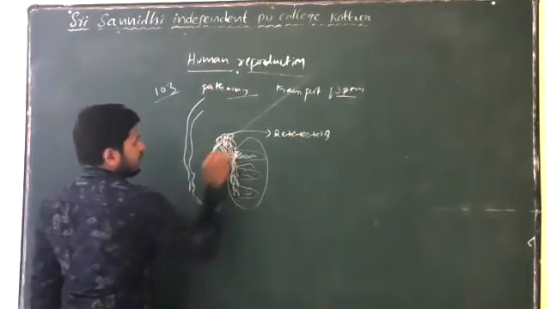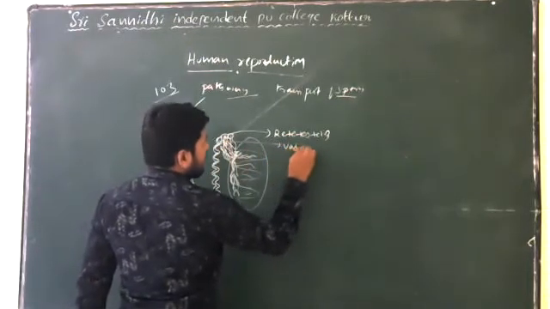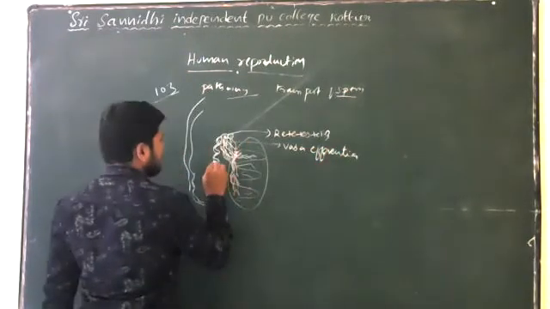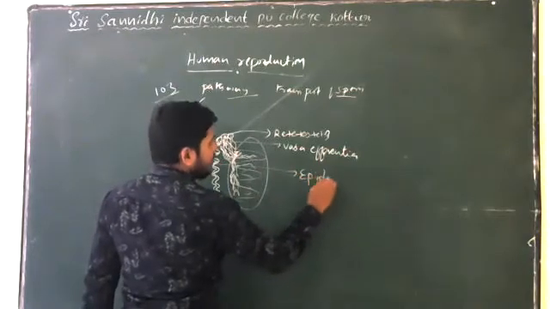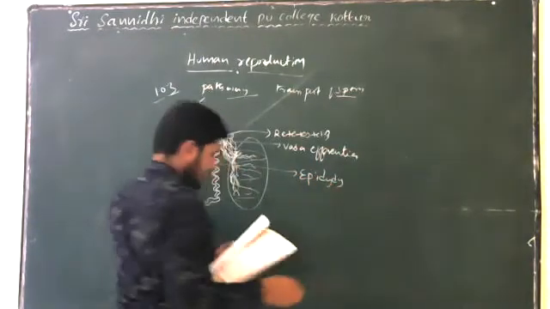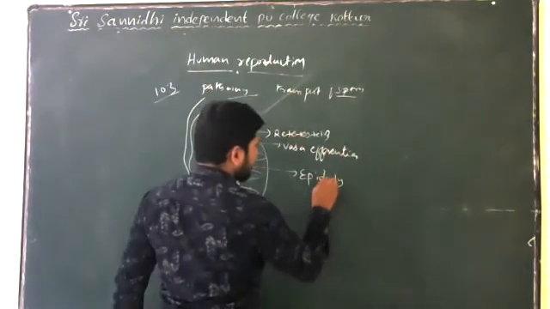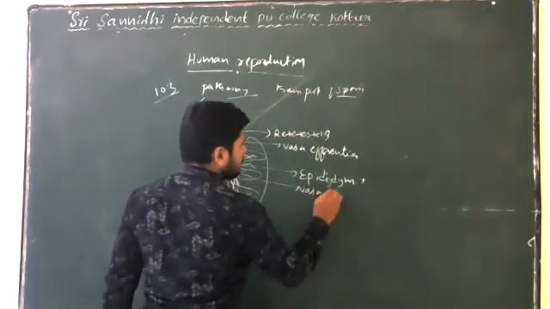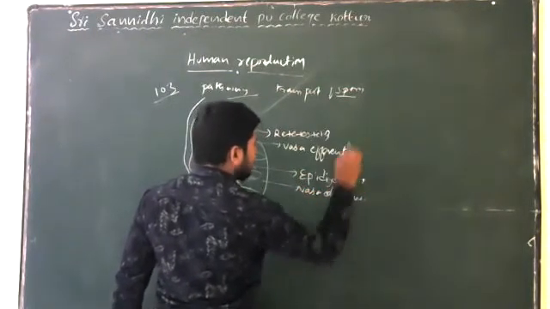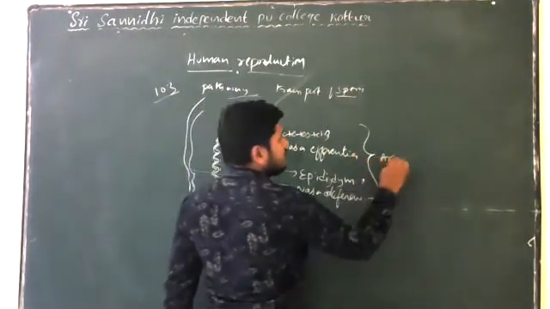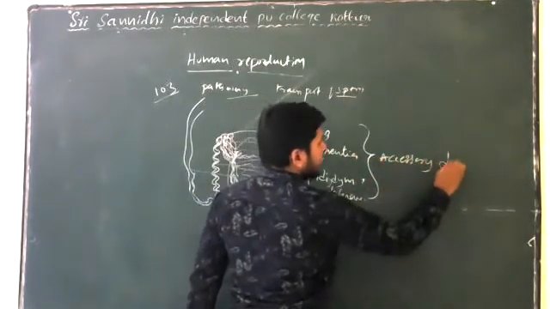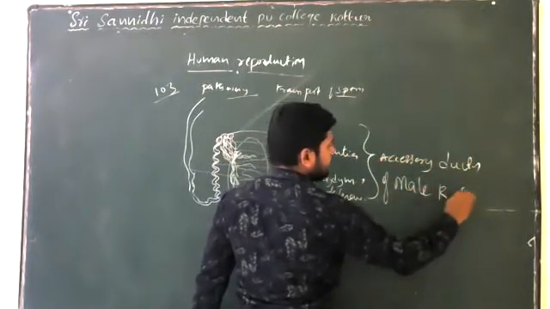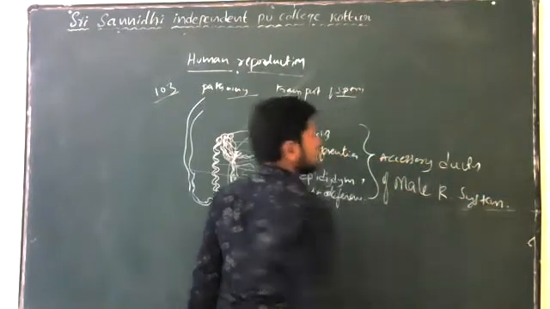So these are the vasa efferentia or efferent ductules. This is the epididymis. This is the vas deferens. These are the accessory ducts of the male reproductive system.